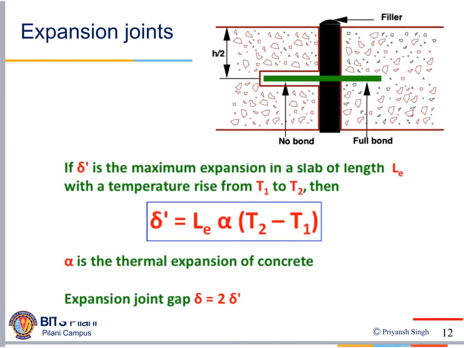Suppose I have a slab of length LE, and the maximum expansion that can happen in this slab due to the variation in the temperature is estimated by this delta dash.